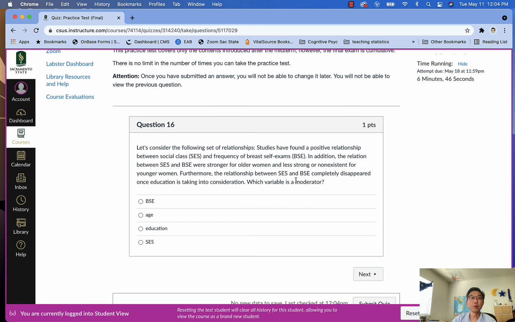Furthermore, the relationship between SES and BSE completely disappeared once education is taken into consideration. So education is a mediator. It describes complete mediation, because once education is taken into consideration, there's no longer any relationship between SES and BSE. So, which variable is a moderator? Age is the moderator.